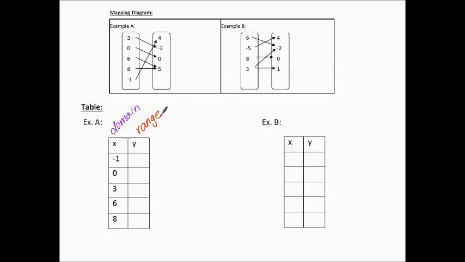So I'm going to go from -1, follow my arrow up to 4, 0, follow my arrow down to 0, 3, follow my arrow to -2, 6, follow my arrow to 5, and 8, again, follow my arrow to 5.